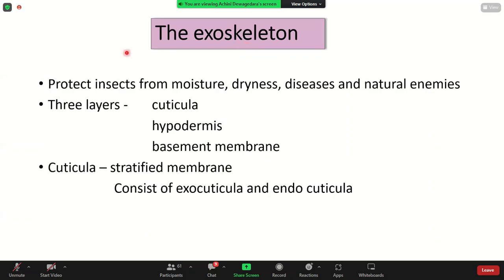Right? So when we take the exoskeleton, there are 3 layers present: cuticular, hypodermis, and basement membrane. And cuticular is the outermost layer. So I think I had a video clip on this.